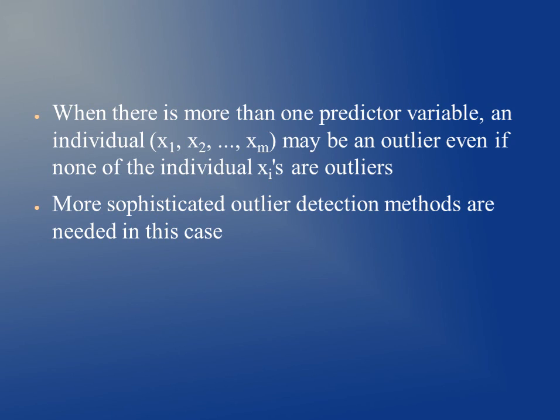Even if those values fall within the range of the other data points, they might be extreme, like we saw with the outliers that weren't outliers with respect to x or y. So it might just be different from the line than we expect. That's very hard to see. Even if you were to make a box plot for each predictor, you wouldn't identify that. So we're going to go over some techniques that we can use to identify outliers.